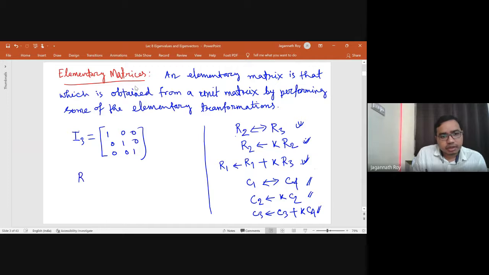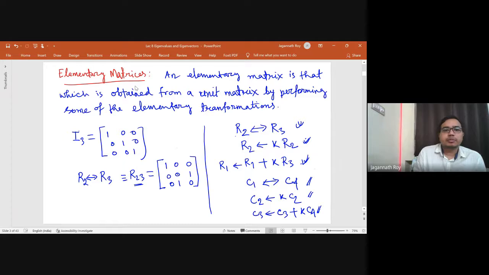For example, R2 exchanged with R3. This matrix we will call R23. So this would be 1 0 0, 0 0 1 and 0 1 0.